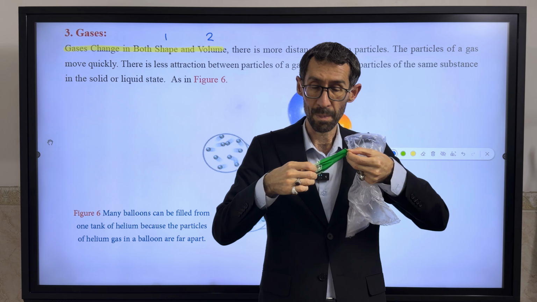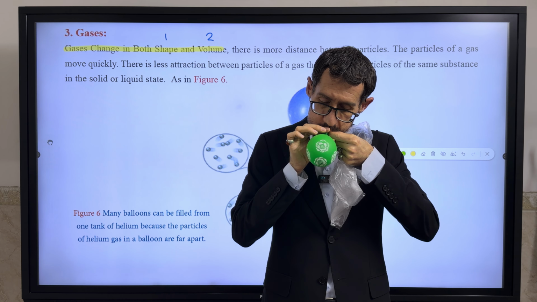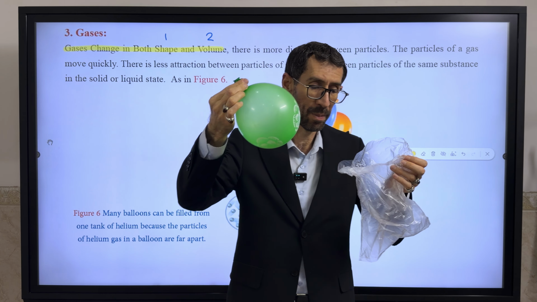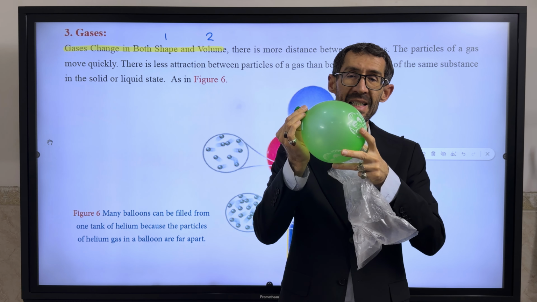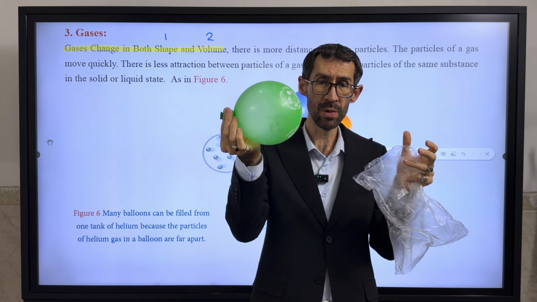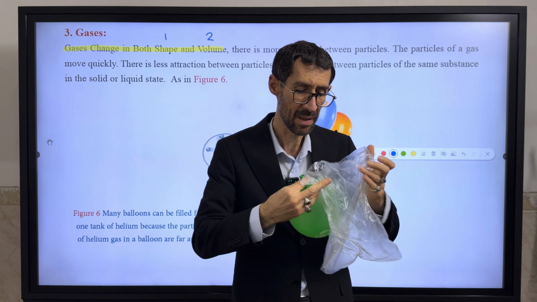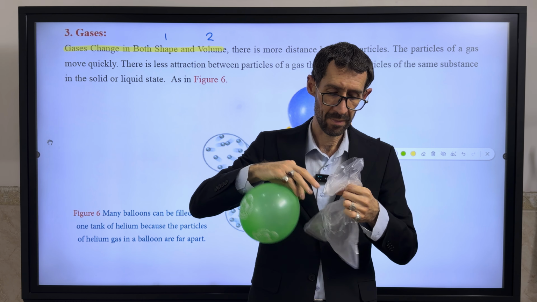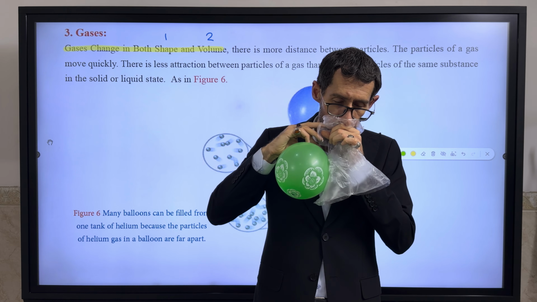Let me blow the balloon up. So whenever you blow the balloon up, does the air take the shape of the balloon? Of course, yes. What do you say about the second one? I want to blow the bag as well.